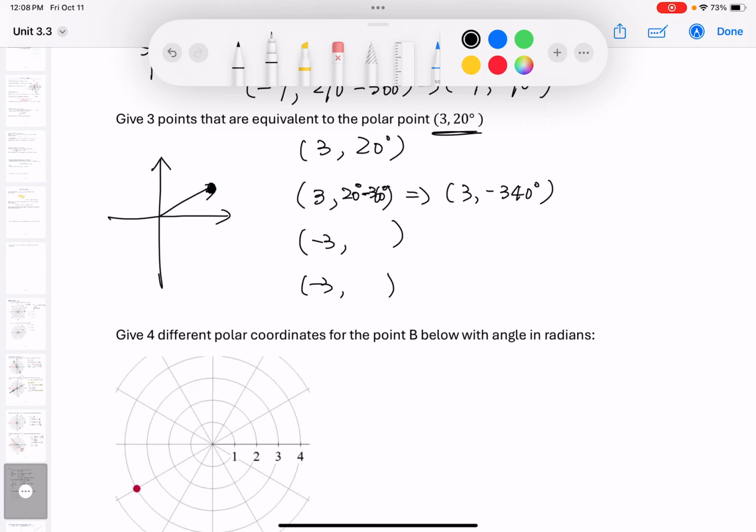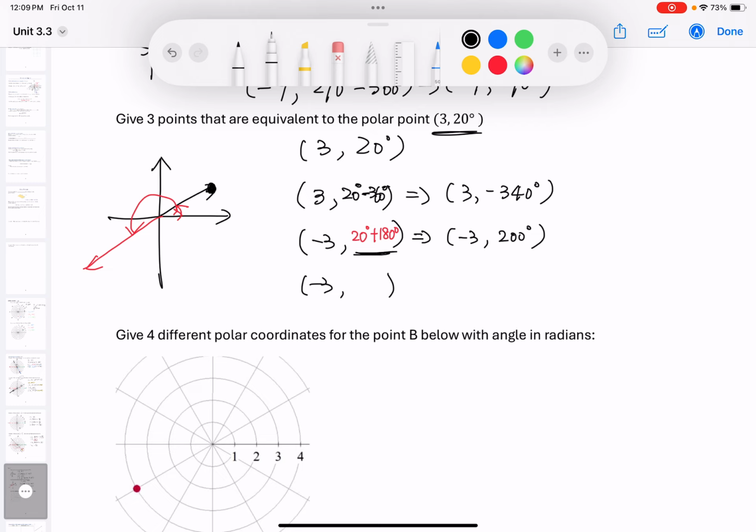Next point, we need to find the opposite of the terminal side. So this is 20. This is the opposite angle or vertical angle. You can say this is 20 and then add 180. So this point I can use 20 plus 180 degrees. You can also use the reference angle to find the angle. So we have -3, 200 degrees. And what is the last point?